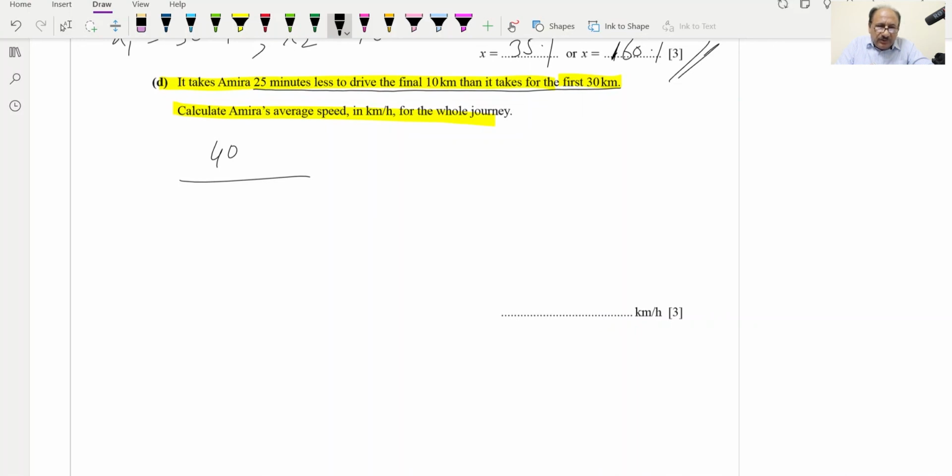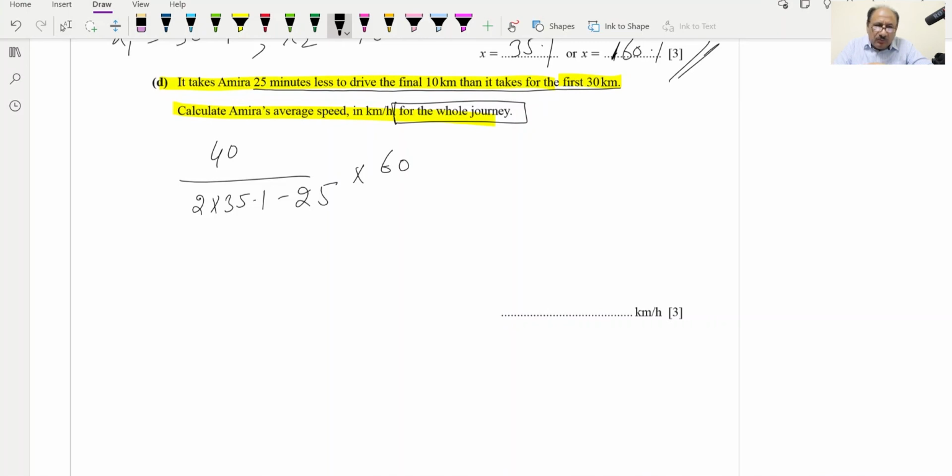So it will be 2 into 35.1 minus 25, which is 25 minutes lesser. The whole journey will be this one, and we have to convert into hours.